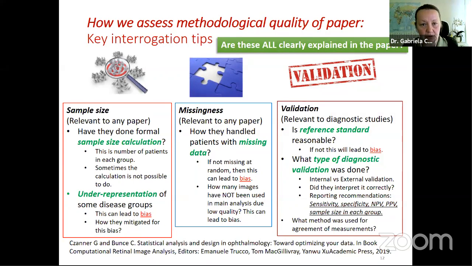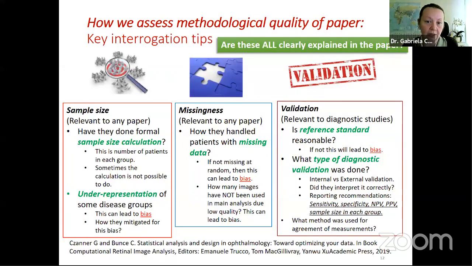Another important interrogation tip that you need to think about is how validation has been done. But this is only relevant to diagnostic studies. Did they report what the reference standard is? So for example, in glaucoma, what is the reference standard? How was it achieved?